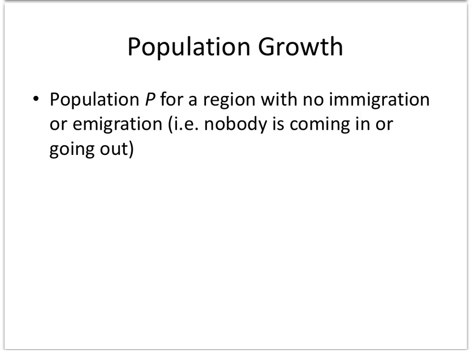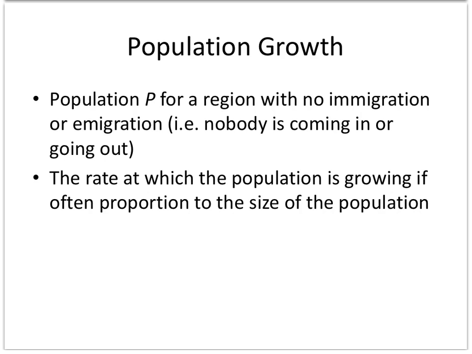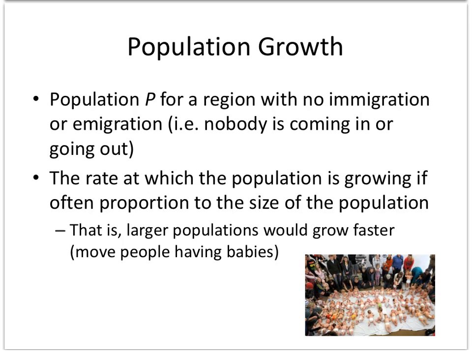So if I have population P for a region with no immigration or emigration, nobody's coming in and nobody's going out, the rate at which the population is growing is often proportional to the size of the population. Meaning, the larger the population, you've got more people having babies, so it's going to grow faster.